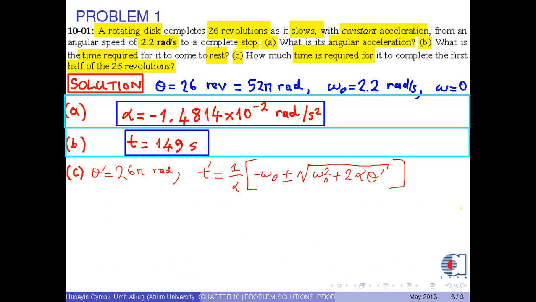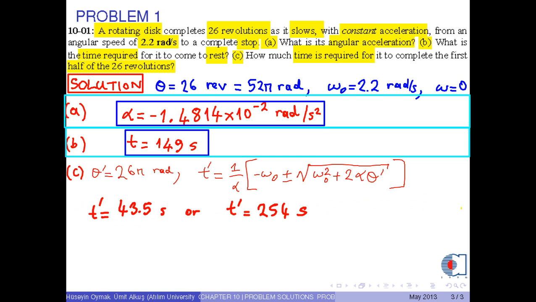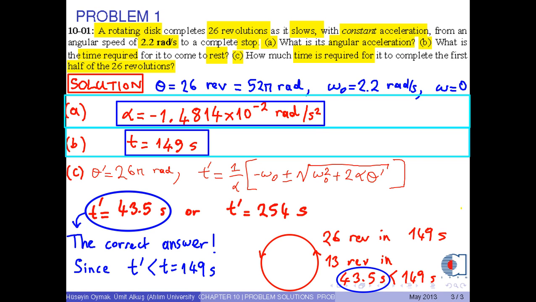And put the numerical values corresponding to the right places in this equation as this. And if you calculate, you obtain two results for time, which are 43.5 seconds or 254 seconds. Here the correct answer is 43.5 seconds.